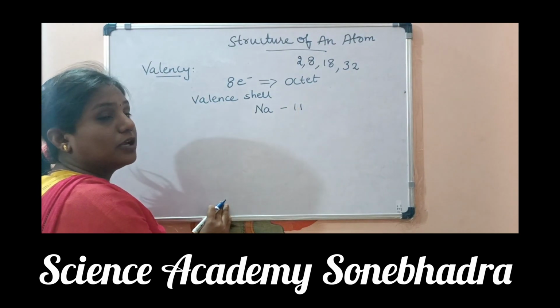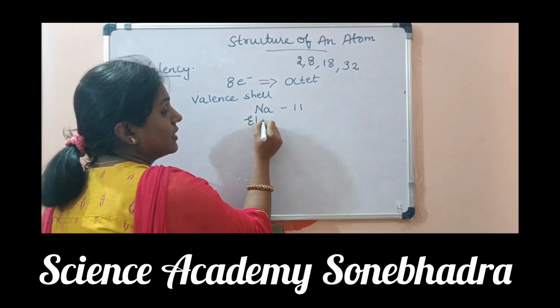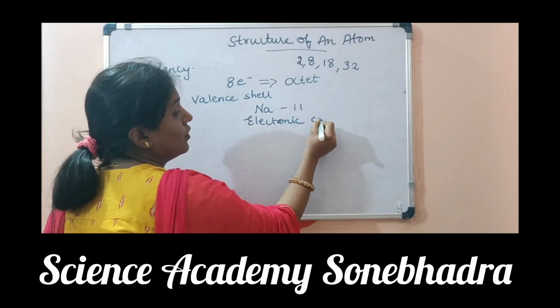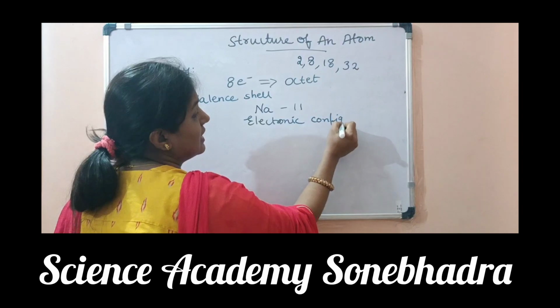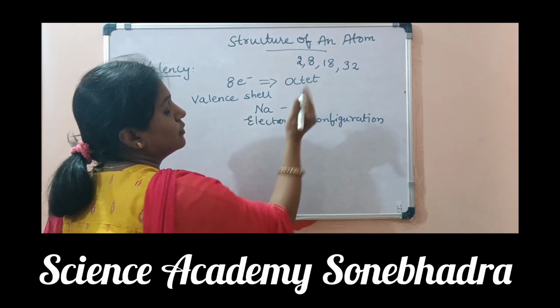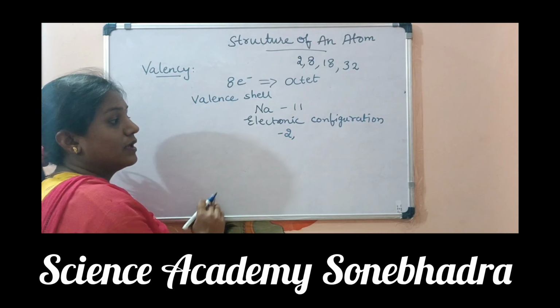So how are we going to write its electronic configuration? As we all know, in the first shell, how many electrons can be accommodated? Only 2. So in the first shell, I have given 2 electrons.